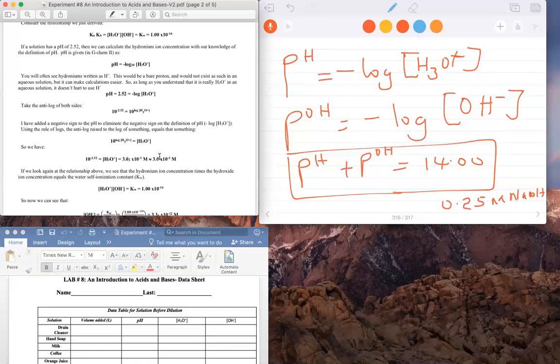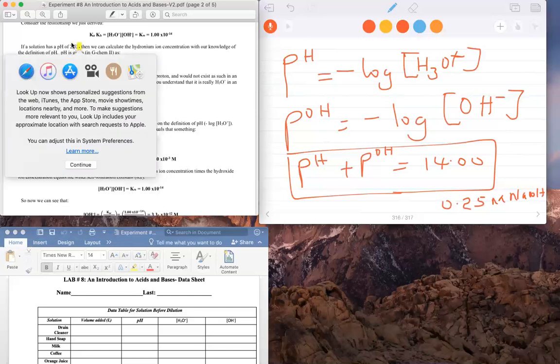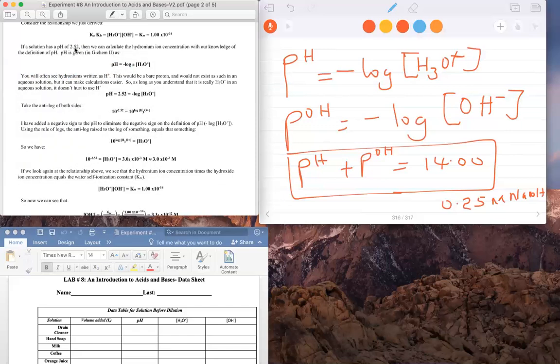The number of places of decimal corresponds to the significant figures in the pH and vice versa. So what determines the significant figures in the final answer, given the concentration, the molarity, is the place of decimal. Look at this, there are 2 places of decimal, and the final answer should have 2 significant figures.